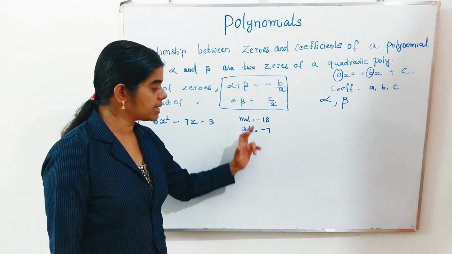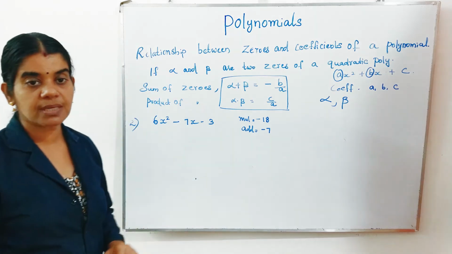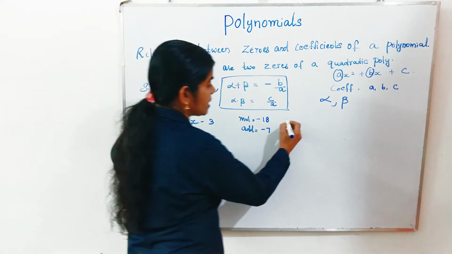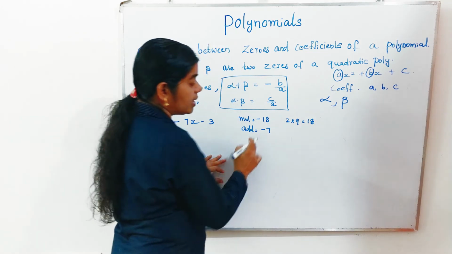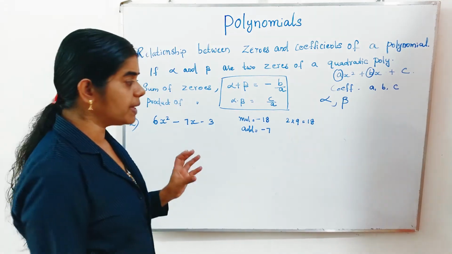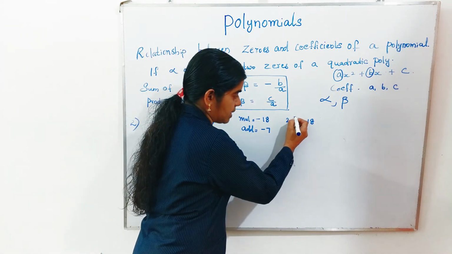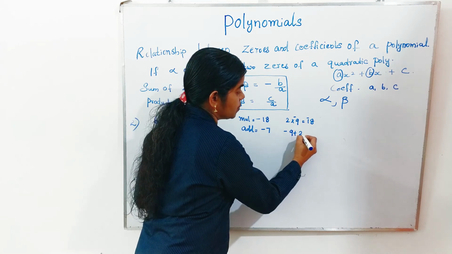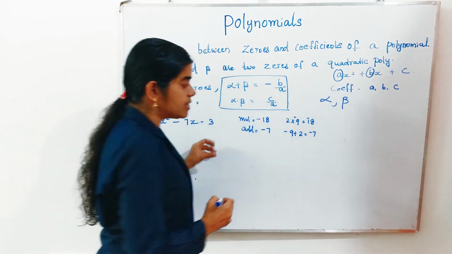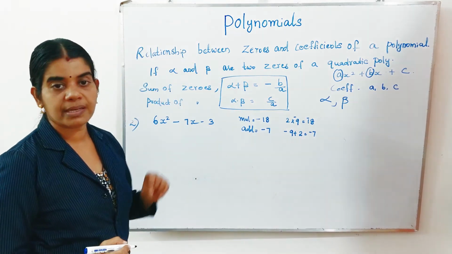Which are the two numbers? You already know that 2 into 9, you are getting 18, but adding, you are getting minus 7. So the bigger number gets the negative sign. So 2 and minus 9. Then minus 9 plus 2, you are getting minus 7. So our numbers are 2 and minus 9.